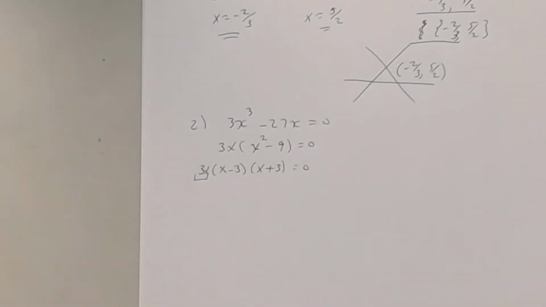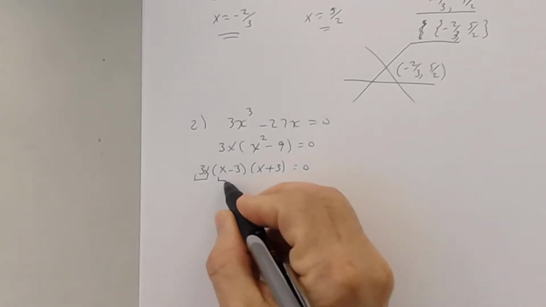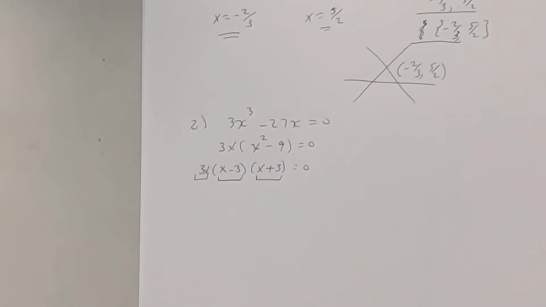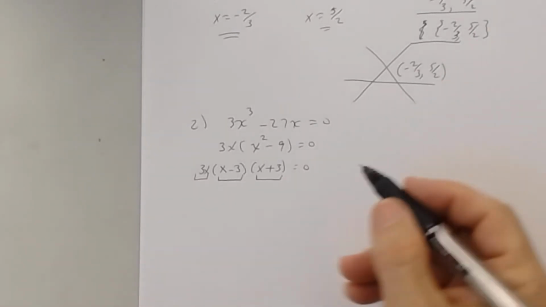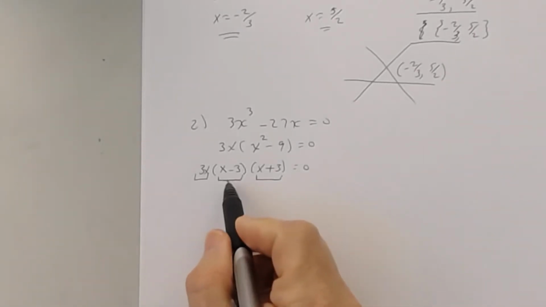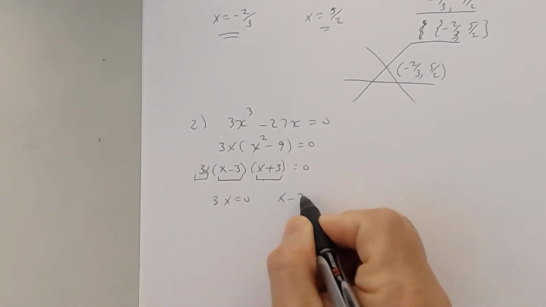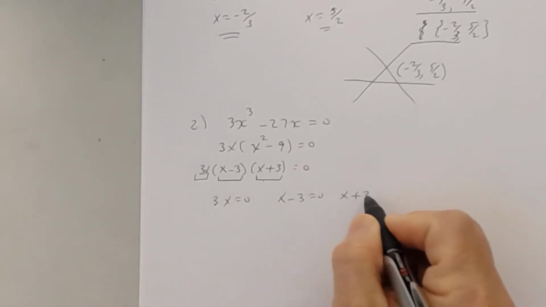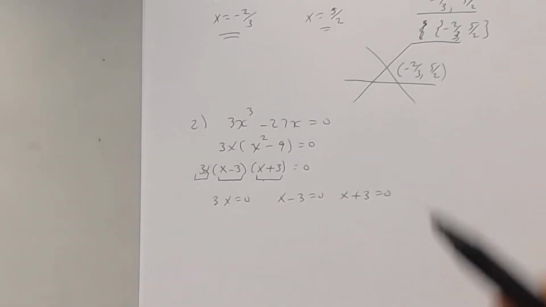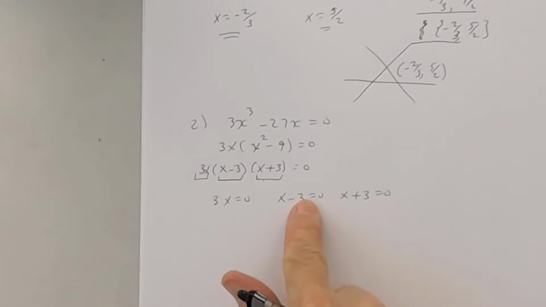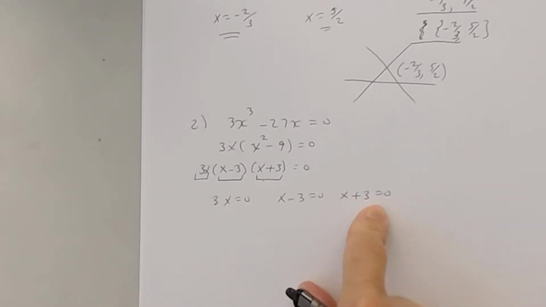All right, so 3x and then what else? X minus 3 and then what else? X plus 3. So what property am I about to use? Zero factor property. Just like we did in the first one, zero factor property. So each of those factors I'm going to set equal to 0. And then notice I went from a cubic equation to 3 linear equations.